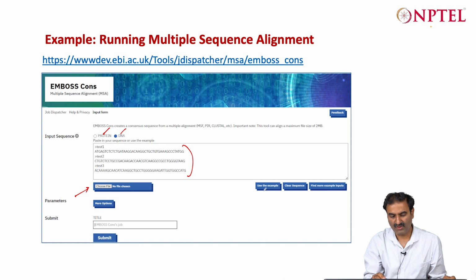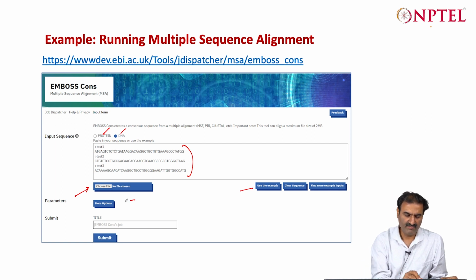Or if you don't have a sequence and just want to see how it will work, you can use an example sequence. Generally these kinds of tools always have an example sequence, so that you can run it on a model sequence, know the outcome, and then try your own sequence. Then there are some more parameters that you can change.